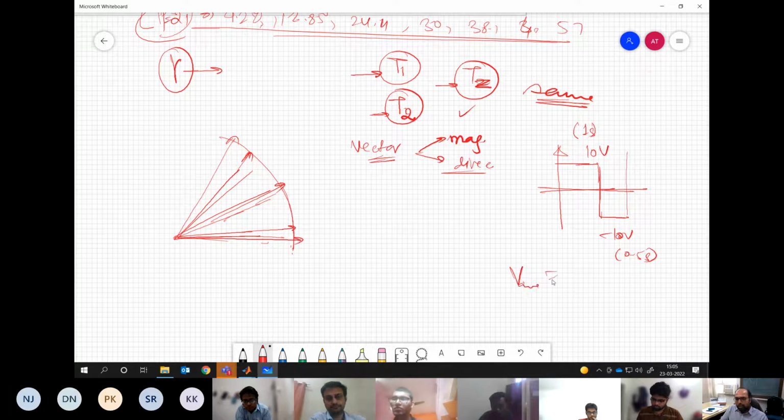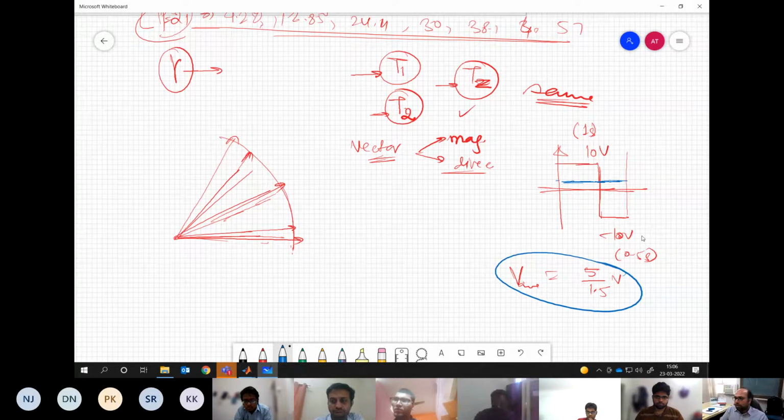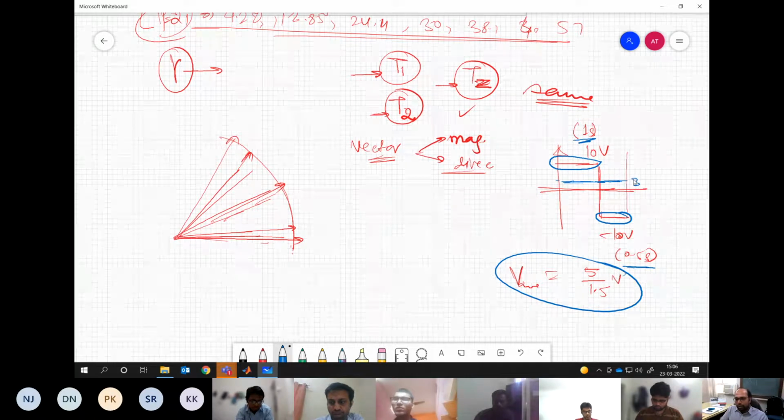The average value, how much will it be? 5 by 1.5, right? That would be the average value of this voltage, correct? Yes, sir. Fine. And this is enough. We need not say where it is located. What we have done, we have applied positive 10 volts for 1 second and negative 10 volts for 0.5 second. And in effect, we are getting a voltage of around 3 point something volts over here.